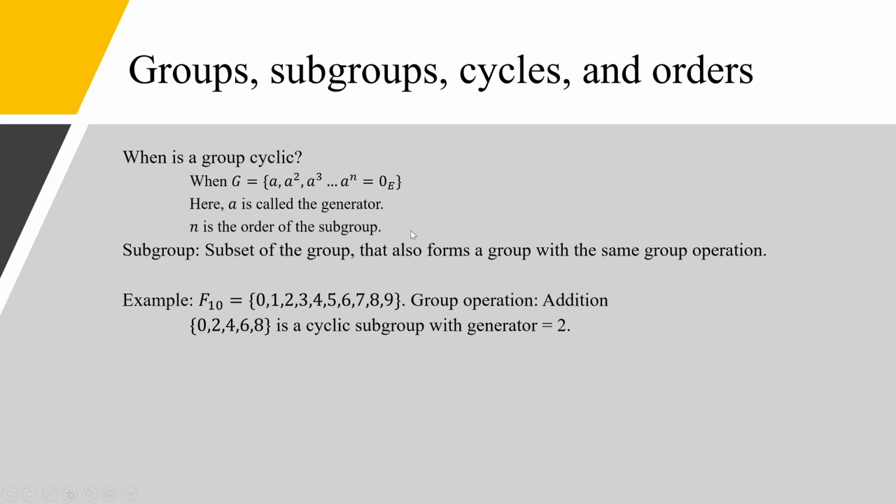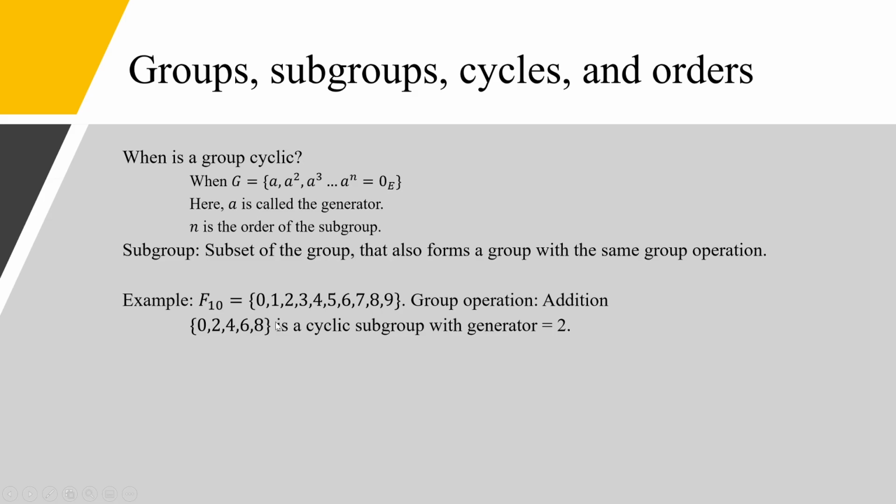So 2 would just be the number 2. 2 power 2 equals 2 plus 2. 2 power 3 is 2 plus 2 plus 2, and so on. If I actually write it out, we will see that 2 is 2. 2 plus 2 is 4. 2 plus 2 plus 2 is 6. 2 plus 2 plus 2 plus 2 is 8.